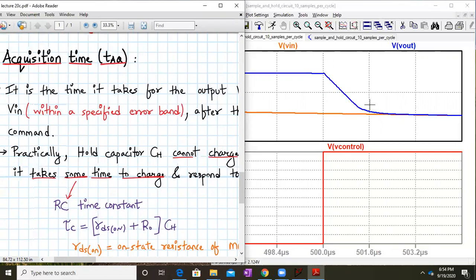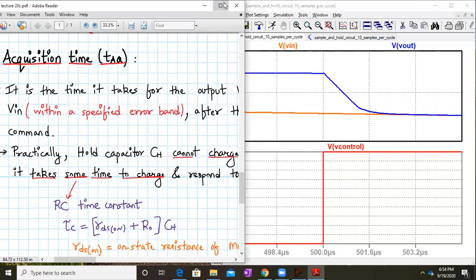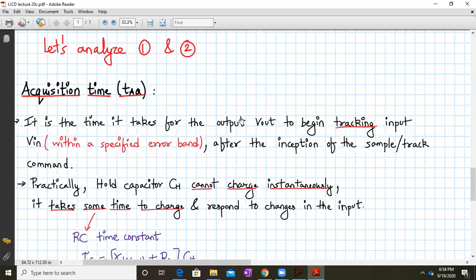So this much time will be required for the output to respond to the input changes when the mode is changing from the hold mode to sample mode. I hope that this point is clear. This is my acquisition time: the time it takes for the output to begin tracking the input.